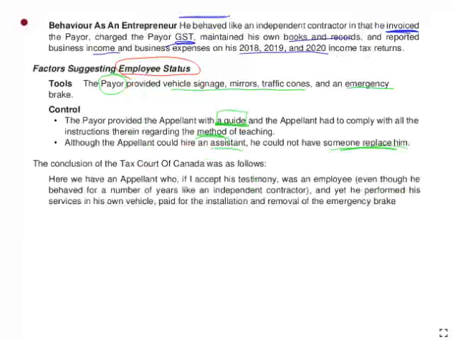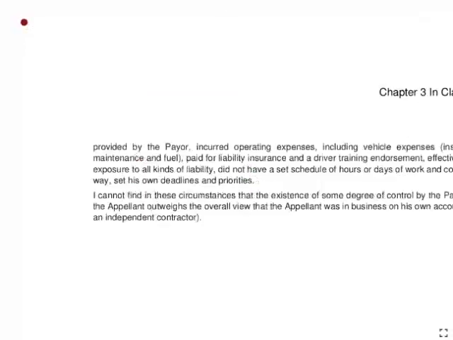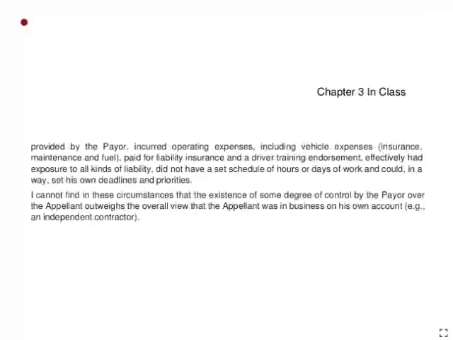They're saying here we have an appellant, the worker, who, if I accept his testimony, was an employee, even though he behaved for a number of years like an independent contractor, and yet performed his services in his own vehicle, paid for the installation and removal of the emergency brake provided by the payer, incurred operating expenses, included vehicle expenses, paid liability insurance, and the driver training endorsement, effectively had exposure to all kinds of liability.